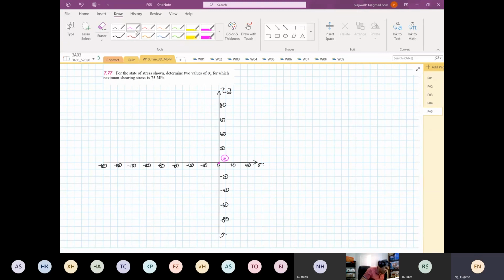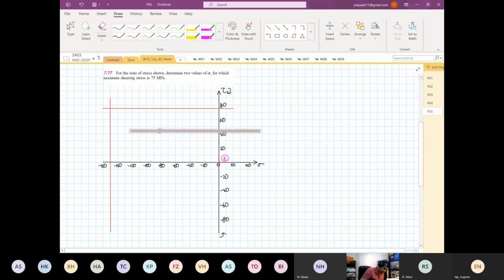So one possibility, so I'm going to draw the no-go zone. Okay, you don't go beyond that. So you don't go beyond 150. All right, and we don't go beyond 75. You don't go beyond 75.